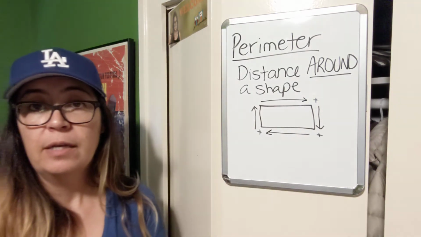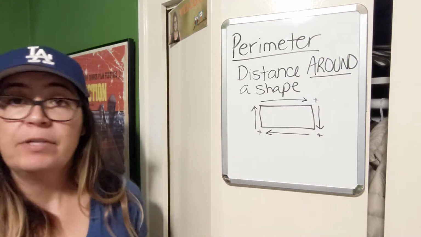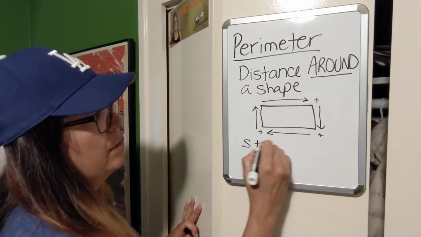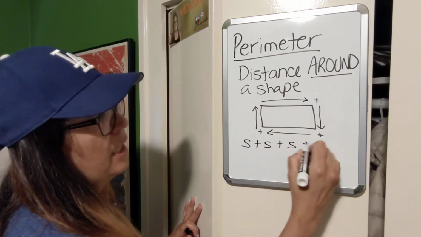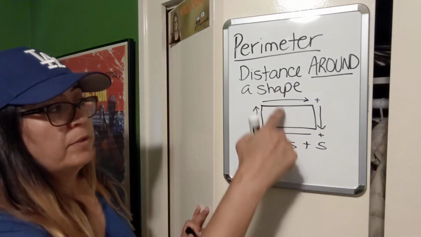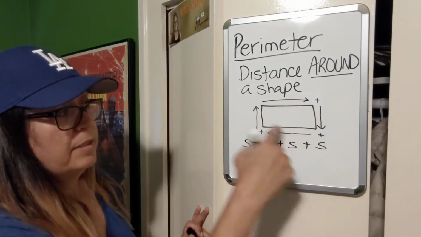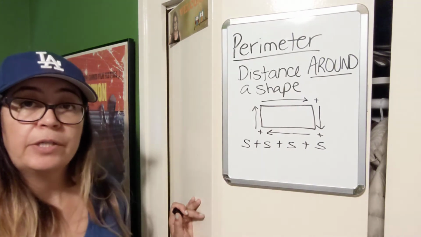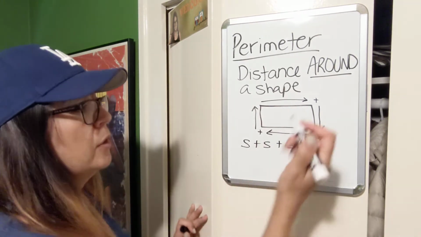One way you can do that, of course, is just add every side, okay? So side plus side plus side plus side, and the S represents that side plus that side plus that side plus that side. Another way you can do it is, I'm sure you've been hearing the words length and width, okay?